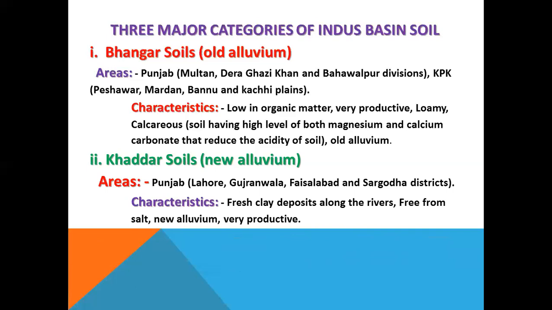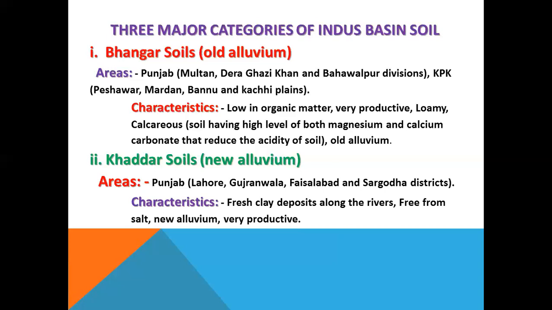Major cities are Lahore, Gujranwala, Faisalabad, and Sargodha districts. Characteristics of this soil is fresh clay deposits along the rivers, free from salt, new alluviums. It is very productive. I can explain it also like this.